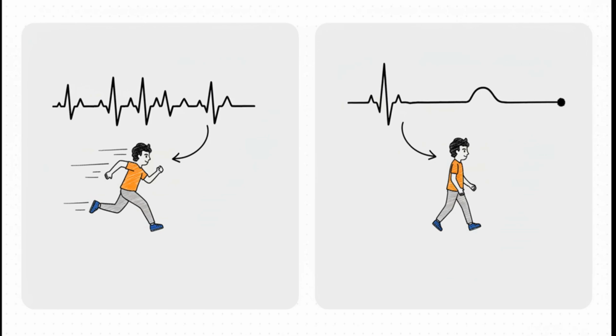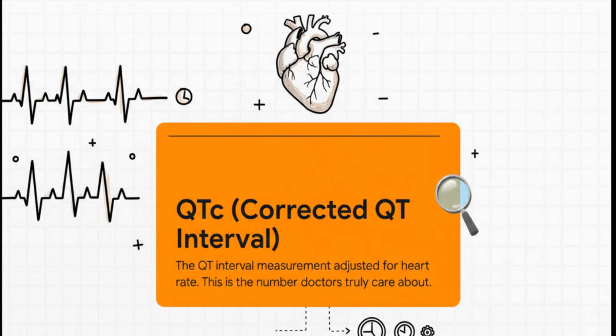A faster heart rate naturally shortens that squeeze and recharge time, and a slower heart rate makes it longer. It just makes sense. And this is precisely why doctors use the QTc, or the corrected QT interval. Our eyeball test is a fantastic screening tool, don't get me wrong, but the QTc is the official measurement that's been adjusted for the heart rate. This is the number that really guides the big clinical decisions.